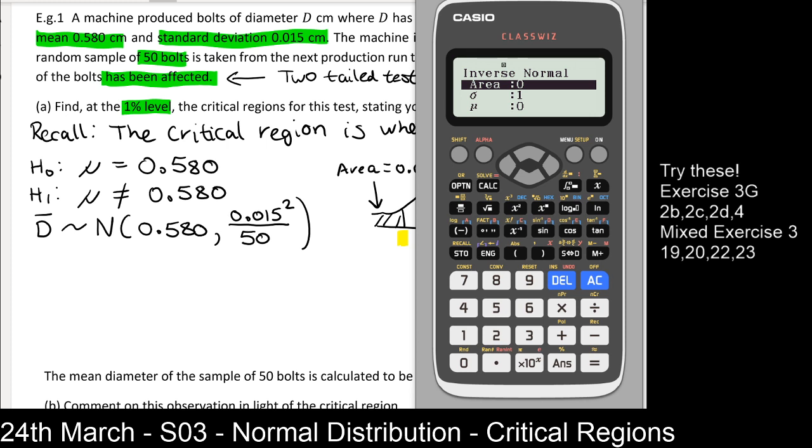So on the calculator, you put 0.005 for your area. Your standard deviation is the square root of 0.015 squared divided by 50, or you could just put 0.015 and not square root it, divided by 50. And then the mean is just 0.580.